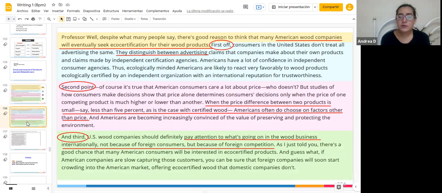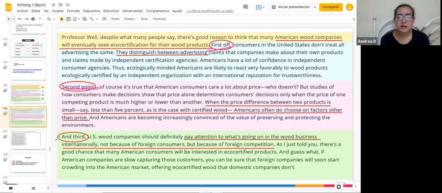Obviously, you're not going to be able to read the transcript, but you can pay attention to these transitions, like first off, second point, and third, and you're going to realize which one corresponds to each point in the reading. So the first point, the first reason, the second one, the third, and you just need to try to catch those. You do need to take notes because you will only listen to these once. So you've got to take notes, you've got to try to extract the most important information from the lecture while you're listening.